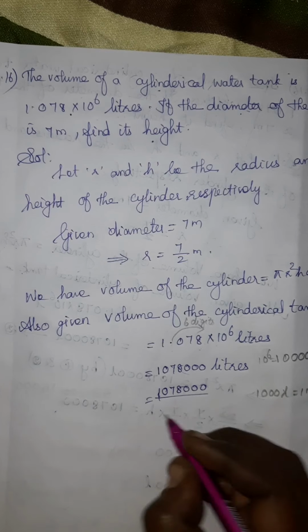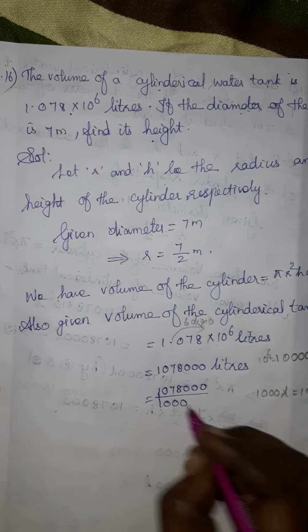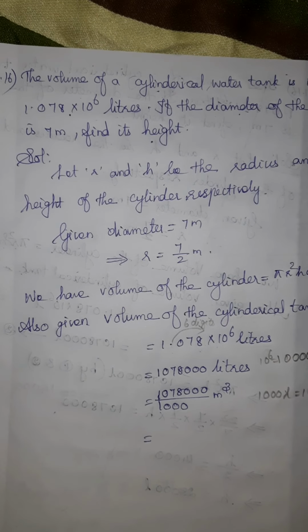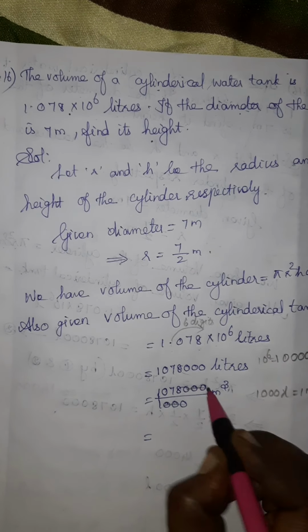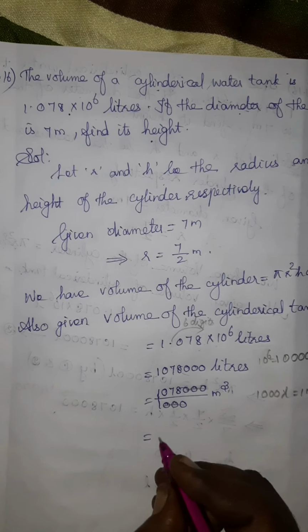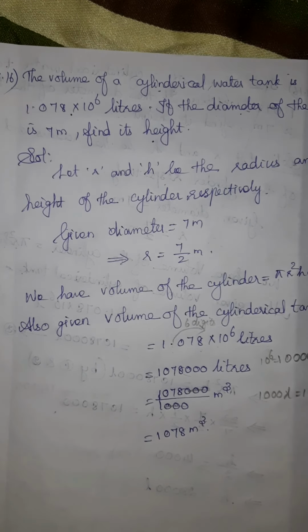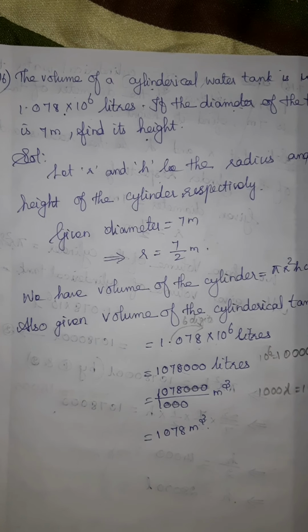So we can cancel the zeros and you will get 1078 meter cube. Now we get the volume in meter cube.